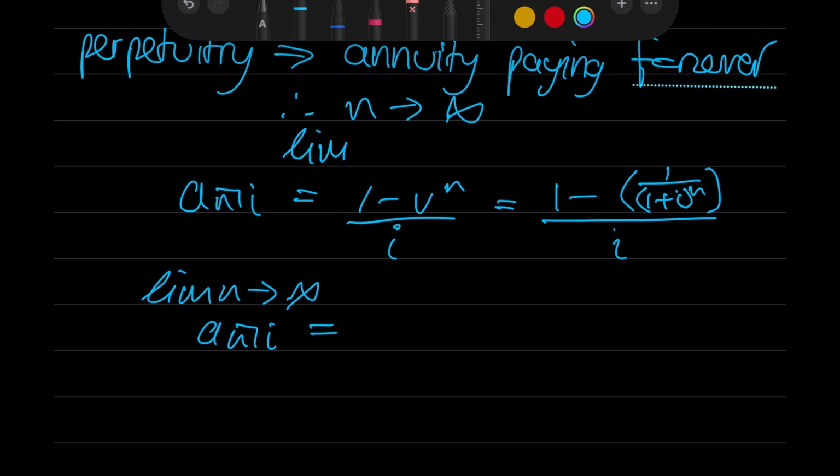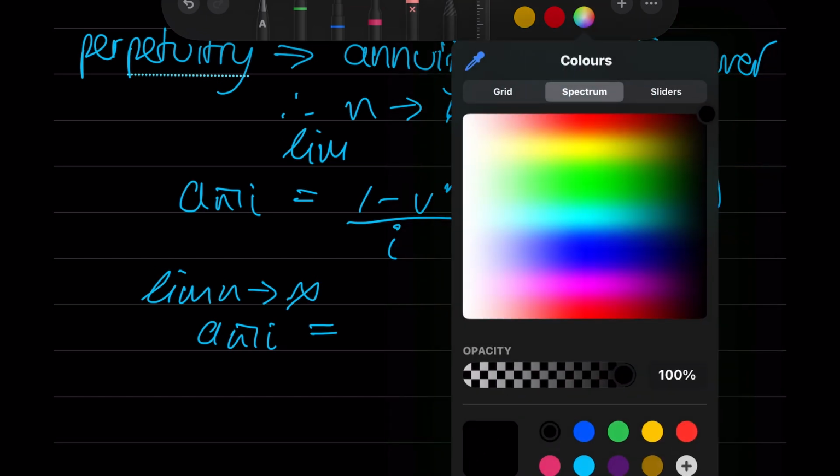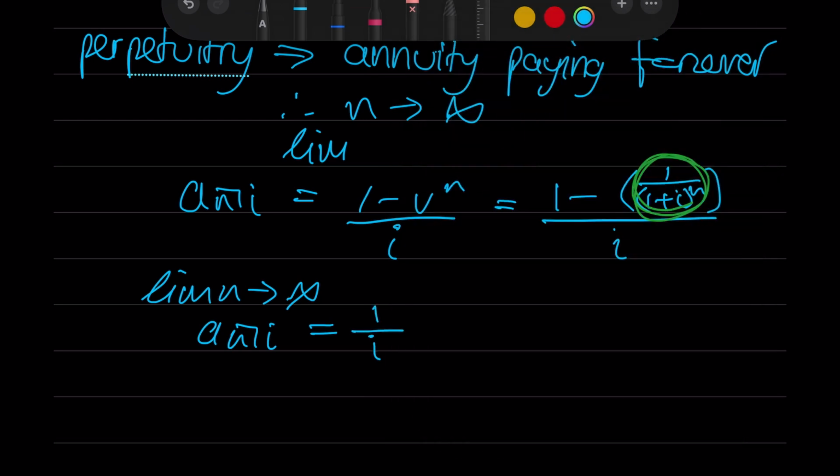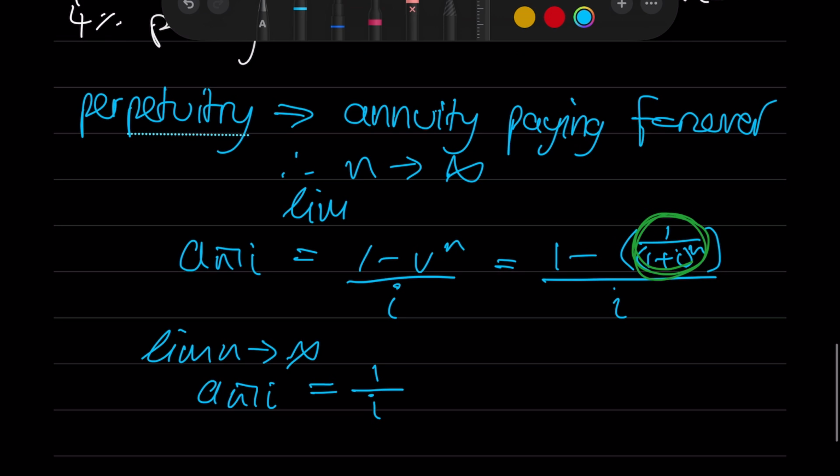Now as n tends to infinity, this right here is going to go to 0. So we have 1 over i. Perpetuity might sound like a lot, but it makes our calculations a lot easier.